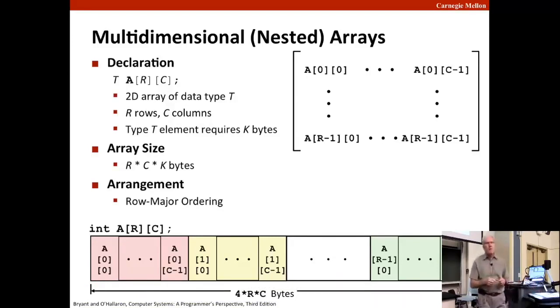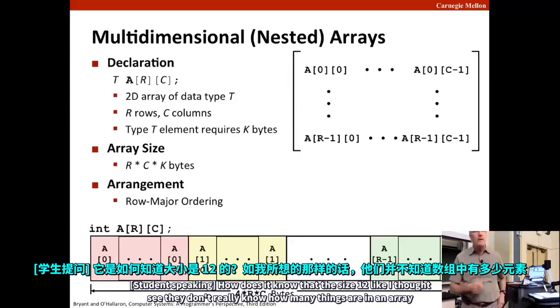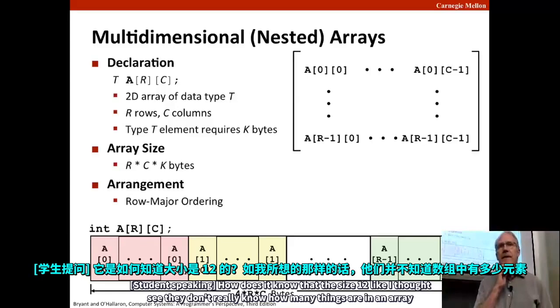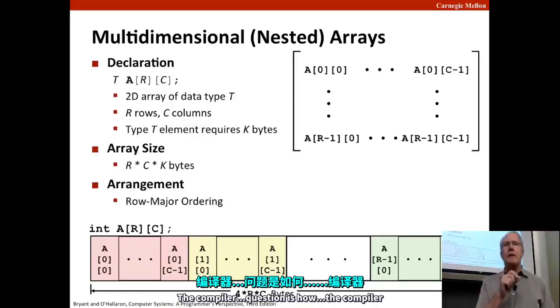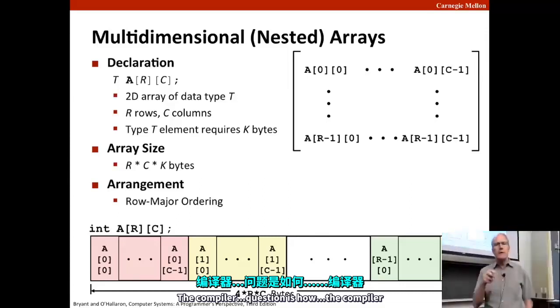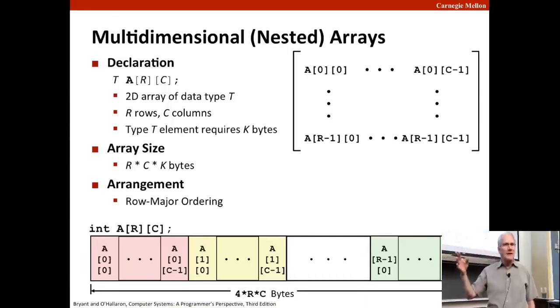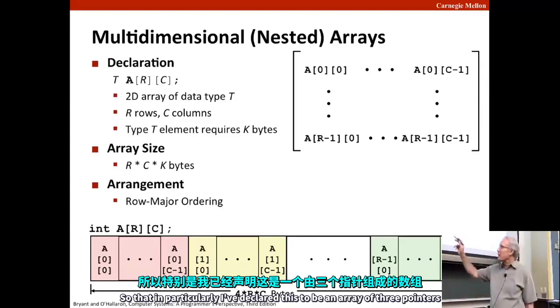Question, yes? If A1 is 3, how does it know that the size is 12? I thought in C they didn't really know how many things are in an array. The answer is, remember the compiler knows a lot. In particular, I've declared this to be an array of 3 pointers.